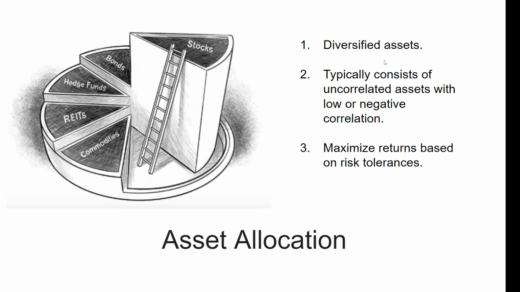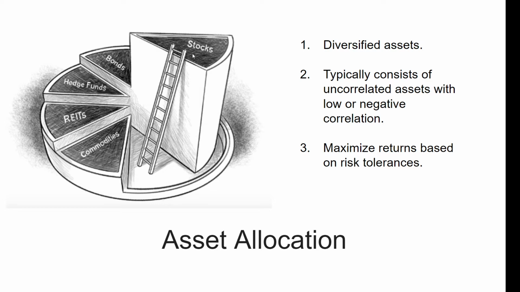Diversified assets. Think about it. Let's say you have $100, and you don't want to invest all the $100 in stocks. So in that instance maybe 50% in stock if you're young, because you want to maximize your return.